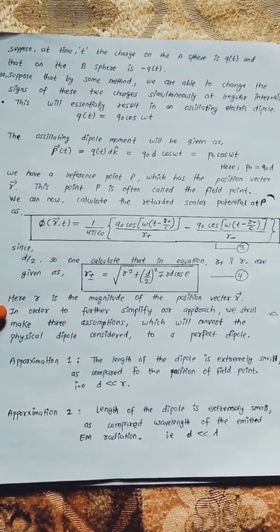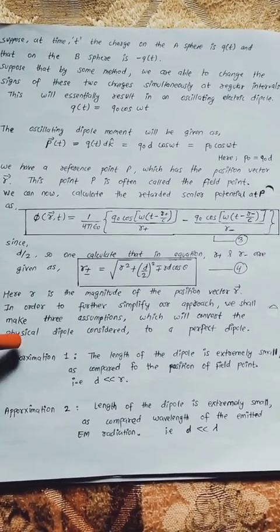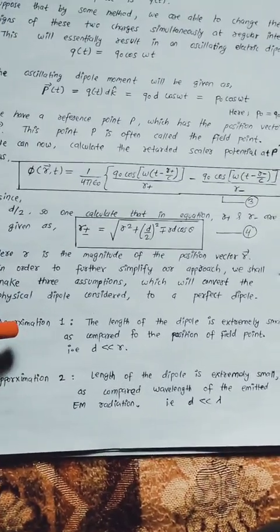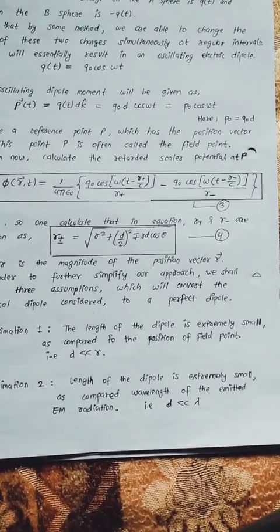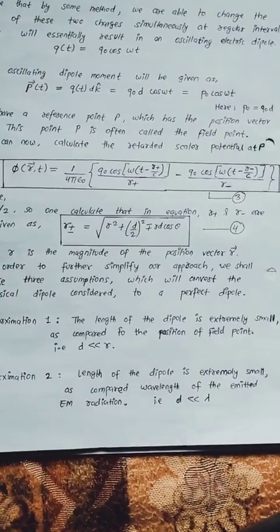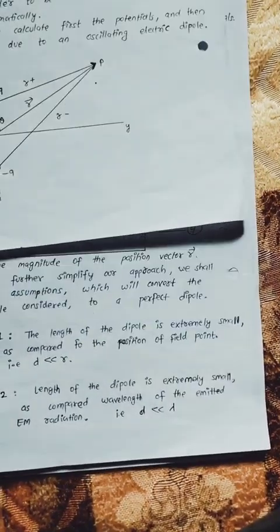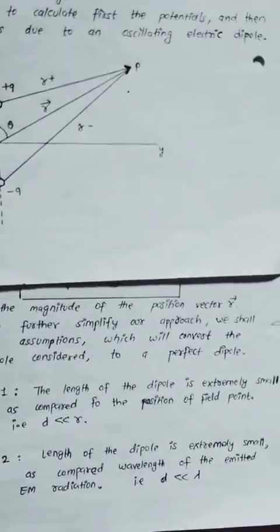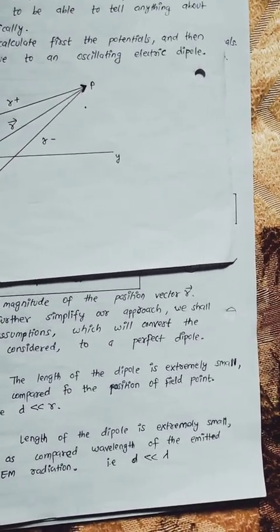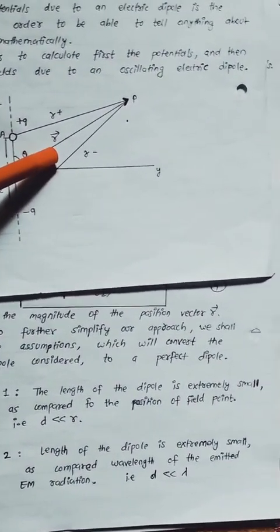In order to further simplify our approach, we shall make three assumptions which will convert the physical dipole considered to a perfect dipole. Approximation 1: the length of the dipole is extremely small as compared to the position of the field point, that is d much less than r. From the figure, the size of this dipole is very small as compared to the position vector r. This is our first assumption.